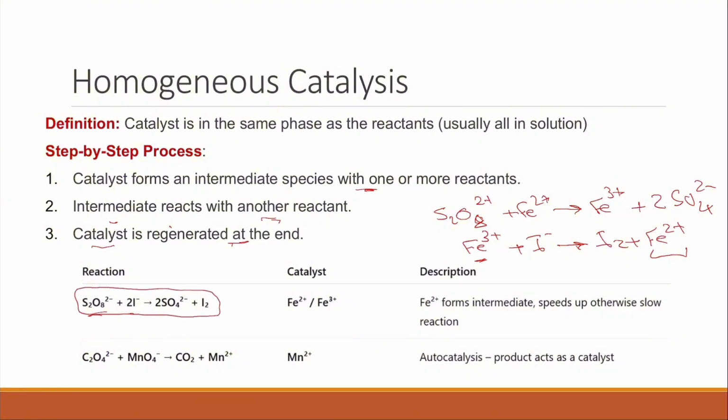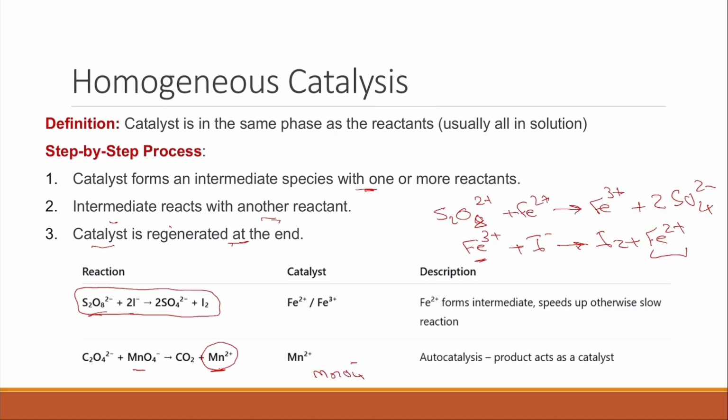And we also have autocatalysis, where we use manganese(II) as a product in the reaction and as a catalyst for the redox reaction between ethanedioate and manganate to give carbon dioxide and manganese. So the reaction simply starts with the manganate, MnO4, reacting with manganese(II).